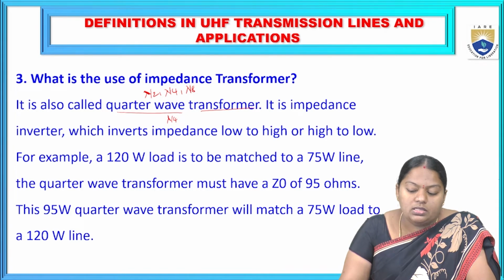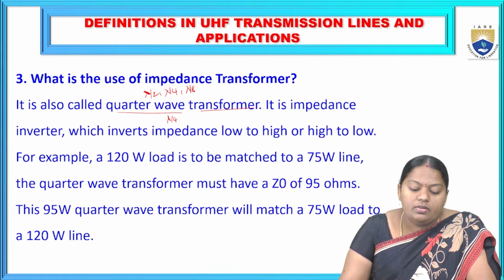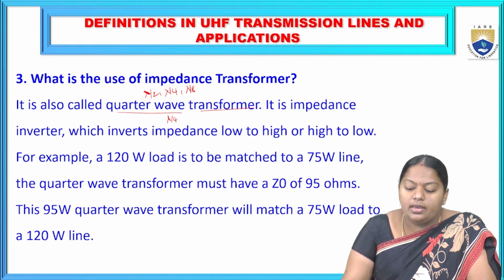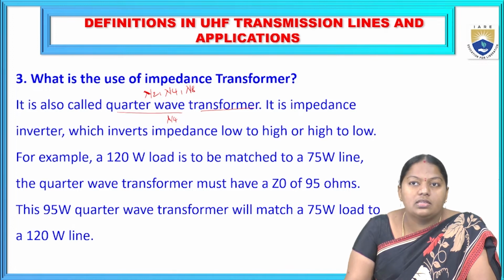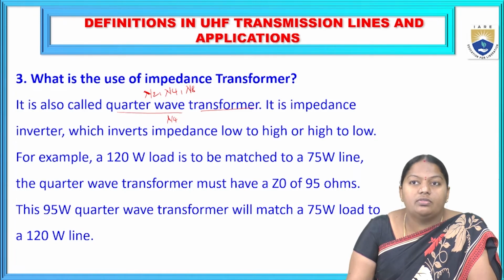It inverts impedance, low to high or high to low. It acts like an inverter, with the impedance changing from low to high as well as high to low. For example, a 120 ohm load is to be matched to a 75 ohm line.